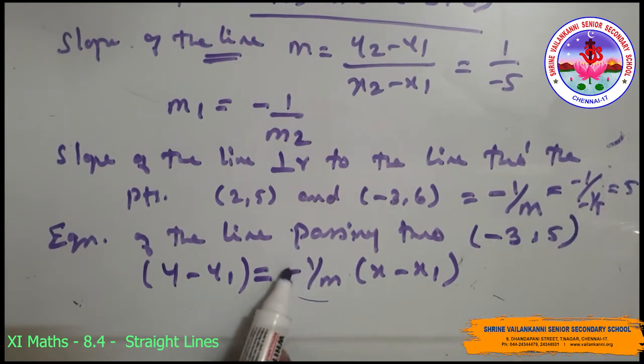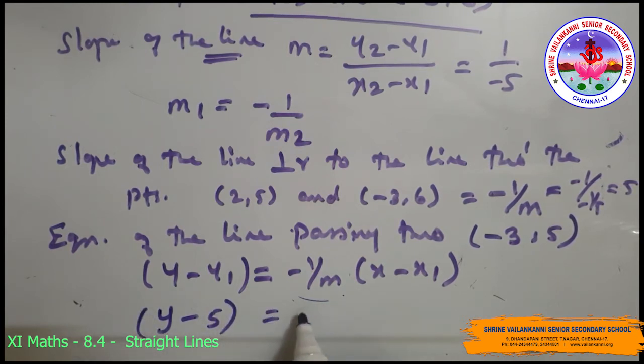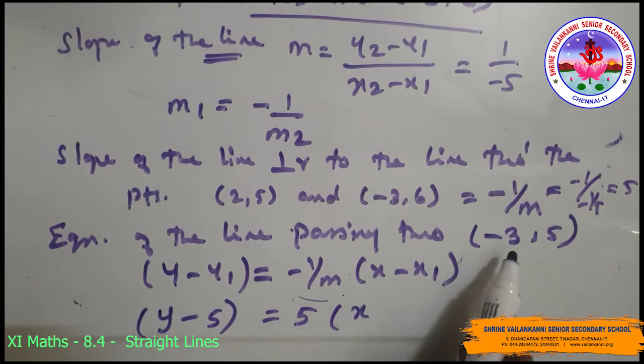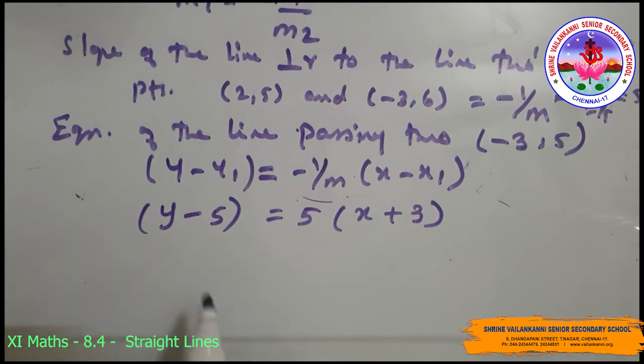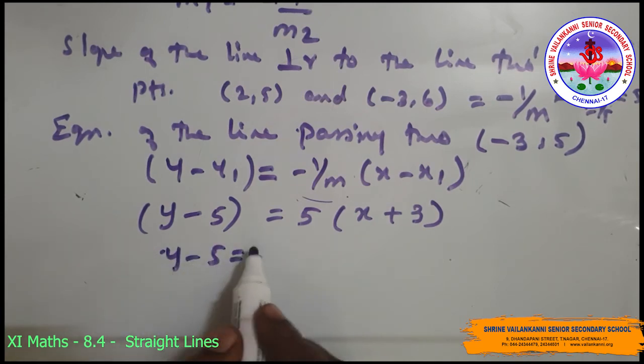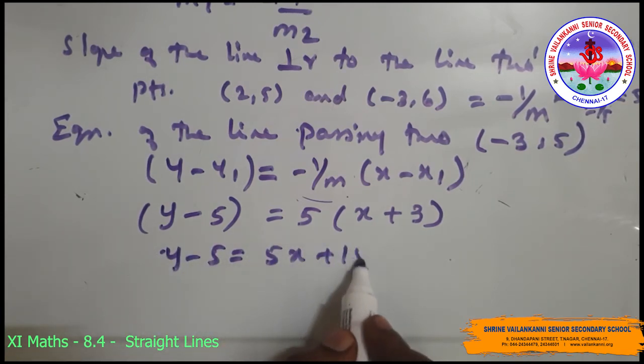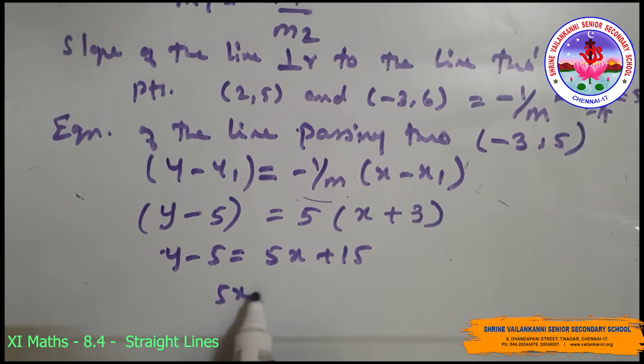The slope m is 5. So y minus y1 equal to 5 into (x minus x1), so x minus of minus 3 is x plus 3. Simplifying this, y minus 5 is equal to 5x plus 15. So 5x minus y plus 20 equal to 0. It is the equation of the line.